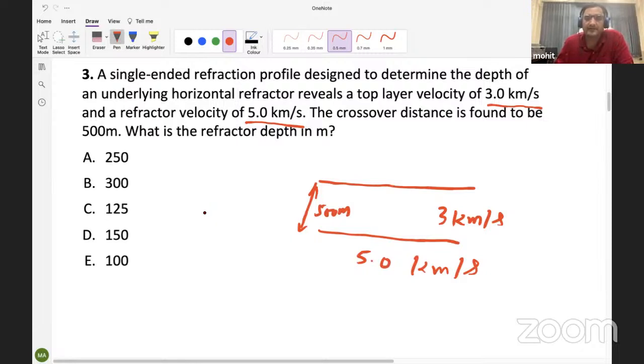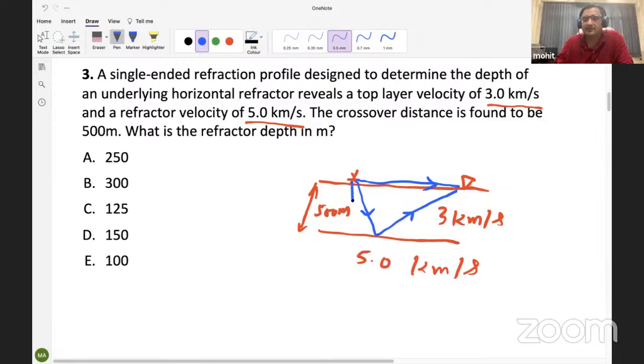Crossover distance is the minimum distance after which the head wave starts to appear earlier than the direct wave. Let's suppose you have a source here and a receiver here. You will have a direct wave that goes from source to receiver, and a reflected wave that reflects off the interface and is then recorded at the receiver.